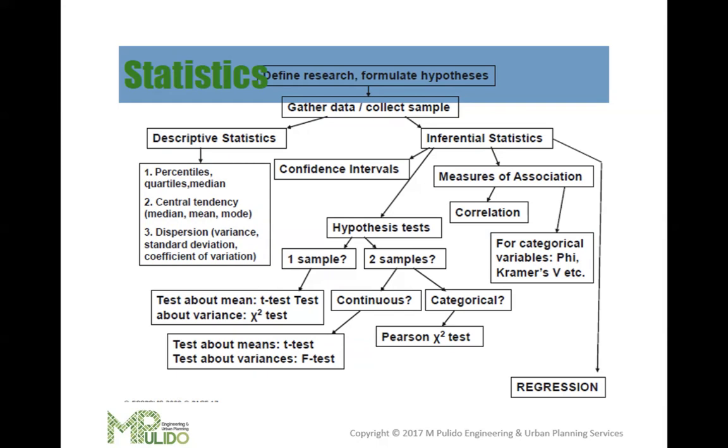What is this diagram? Still on statistics: define research, formulate hypothesis. Okay. So the first, this is a process which involves defining research questions, formulating hypotheses, gathering data, and employing both descriptive and inferential statistics to draw conclusions.